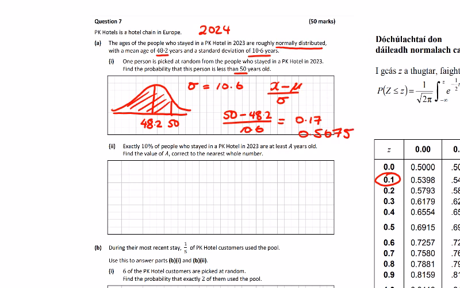In part 2, exactly 10% are at least a certain age. So let's do another sketch of that. If they were at least 30, would that make sense?